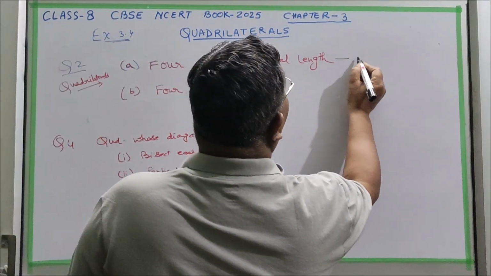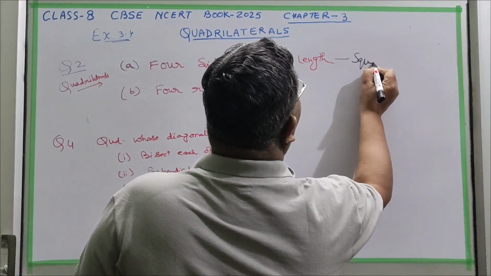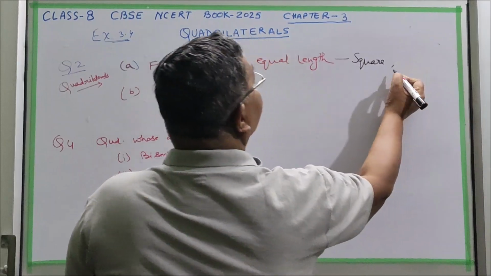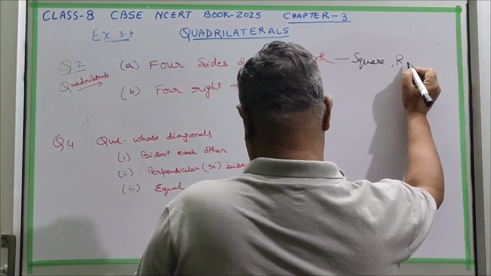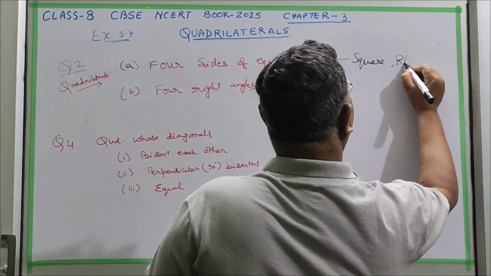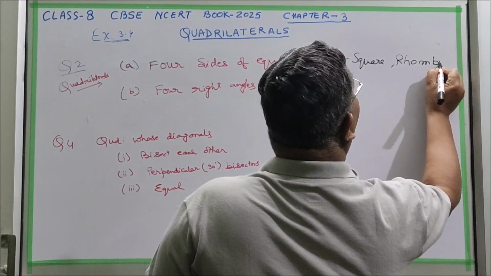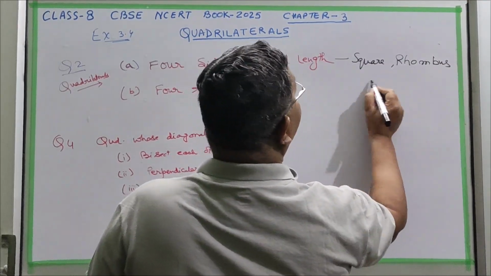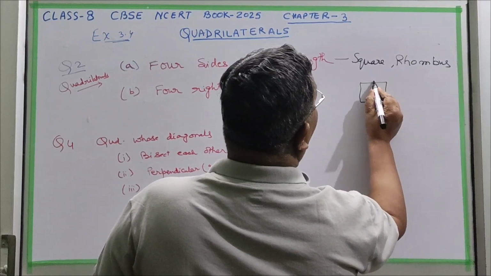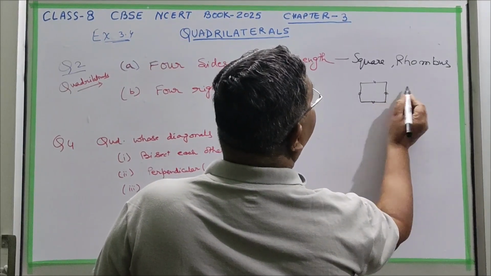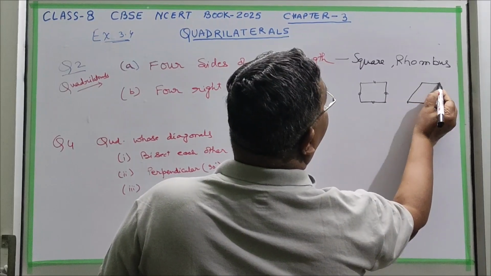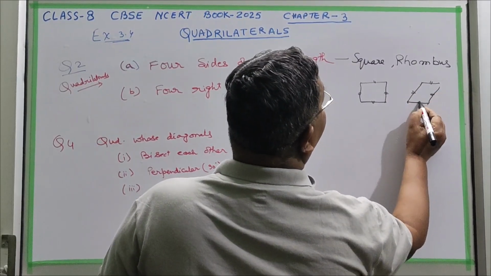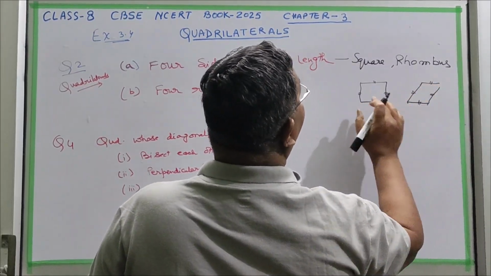So here, square and rhombus. Square is of this design: this is equal to this is equal to this. And a rhombus is like this: this is equal to this is equal to this, and the lines are parallel in a rhombus also.